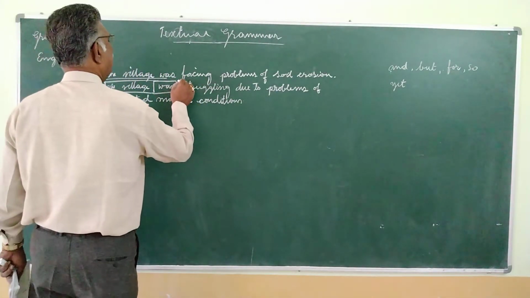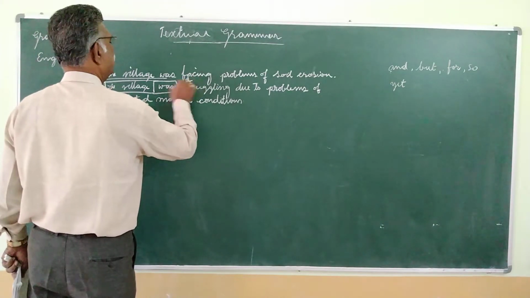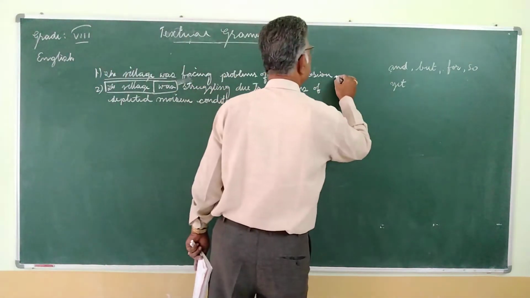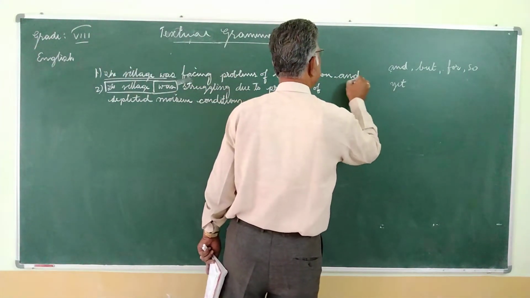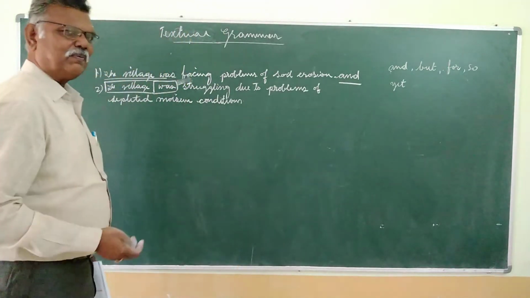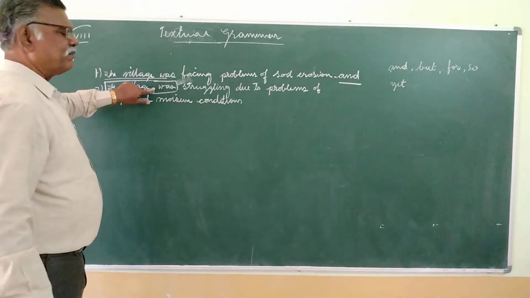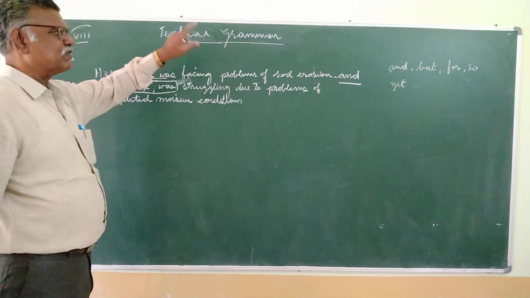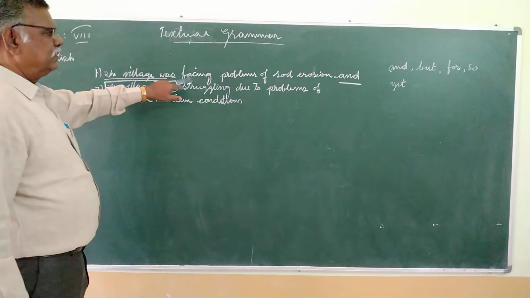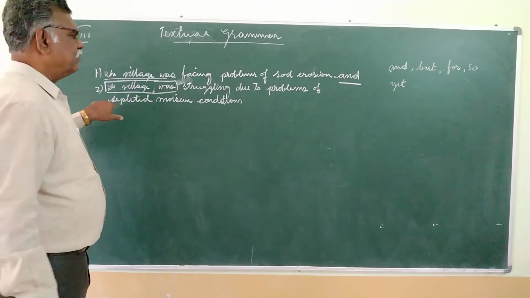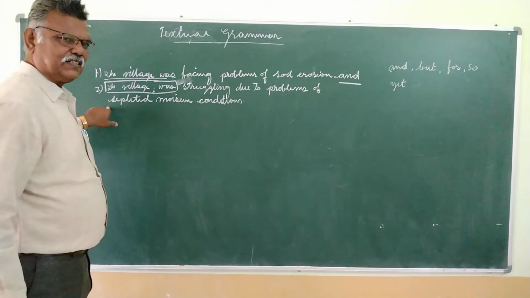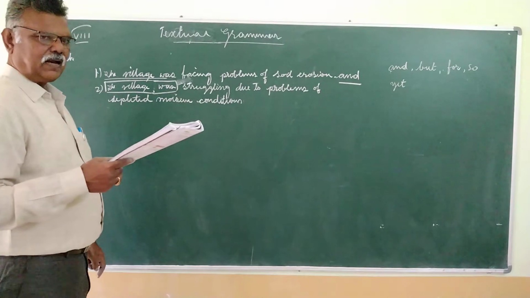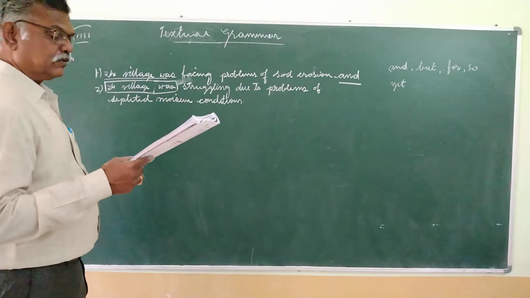We can use it here. Both are the same problems. The subject is the same, subject and verb. So: the village was facing problems of soil erosion and struggling due to the problems of moisture conditions. All you have to do is choose the right option, that is and. Underline the and and you can write it in your notes.